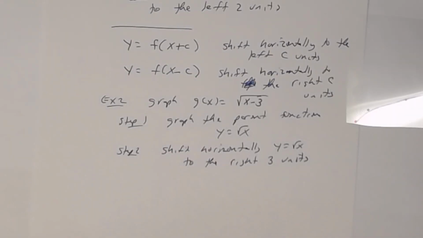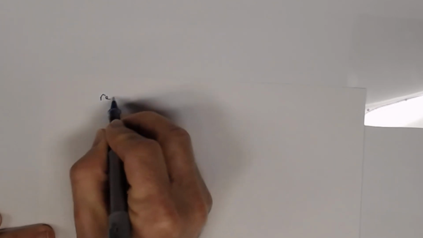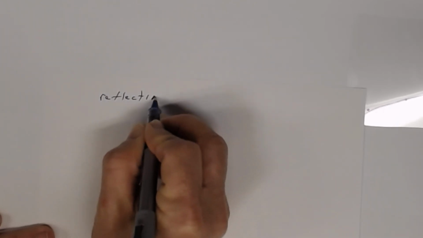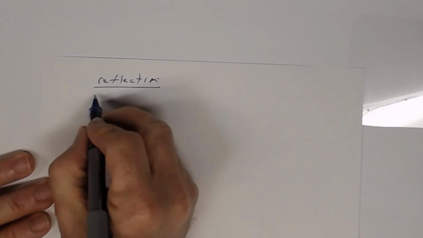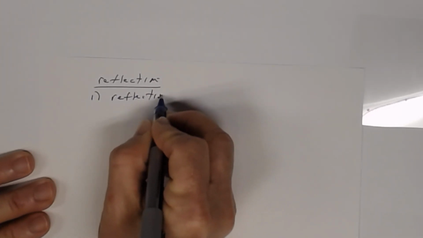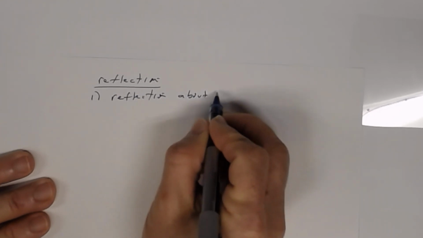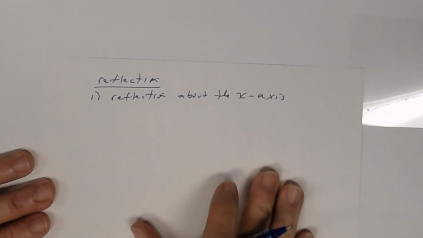Now the next part is reflection. That's easy for students. There's another transformation we're going to talk about, reflection. There are two kinds of reflections. One is reflection about the x-axis.